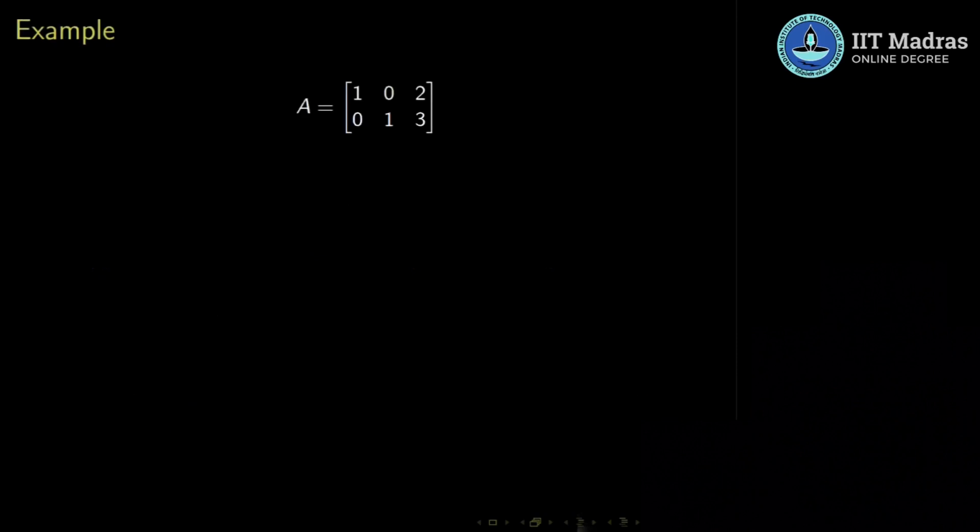Let us look at the example of this matrix. A is the matrix with first row 1 0 2 and second row 0 1 3. Let us see how we can find solutions for this. Here I am going to write down the corresponding equations.